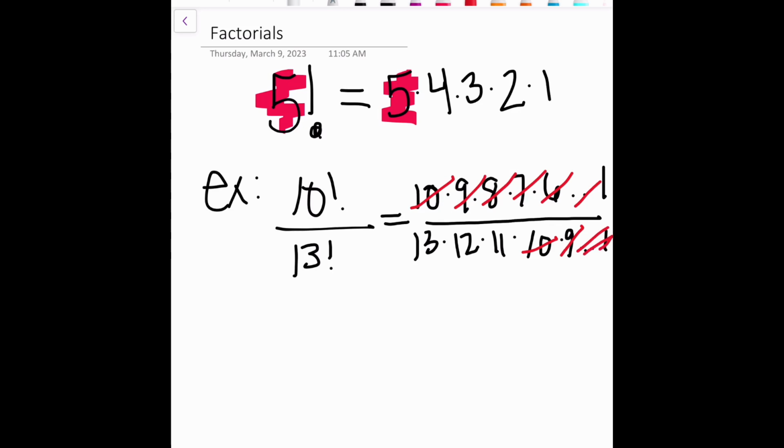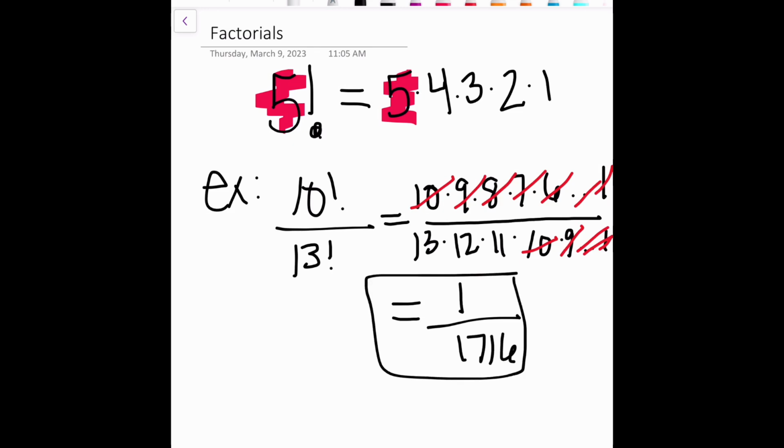So this actually simplifies so that what's left in the numerator, if I simplify all of that, I just get 1 in my numerator, because I've gotten rid of all of this, over 13 times 12 times 11, which is 1,716. So 10 factorial divided by 13 factorial would be the same as 1 over 1,716.